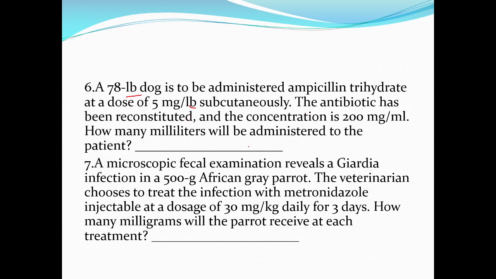The antibiotic was reconstituted and the concentration is 200 mg per mil. So we have to give 390 milligrams, divide that by 200, that's 1.95 milliliters. So look for what we're looking for. If I had asked for milligrams, you would give me 390.